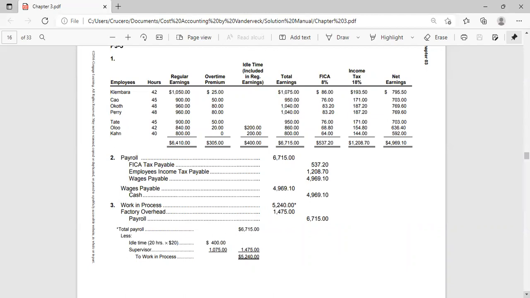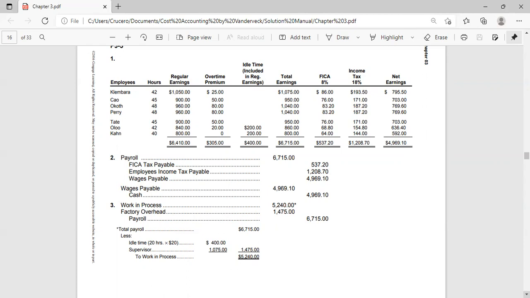So we have now the determination of the total payroll in number 1, and in number 2 we have the journal entries. In number 3 it's still the journal entry, and number 4 we have the dollar amount of labor that's chargeable to each van. So to the extent that payroll calculation and distribution over time and idle time.